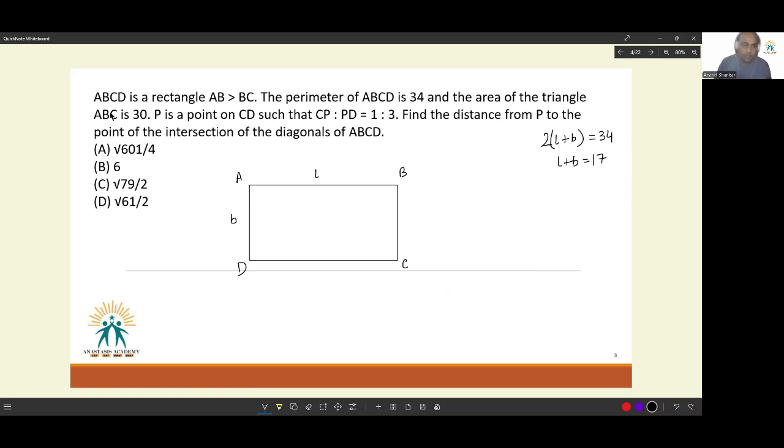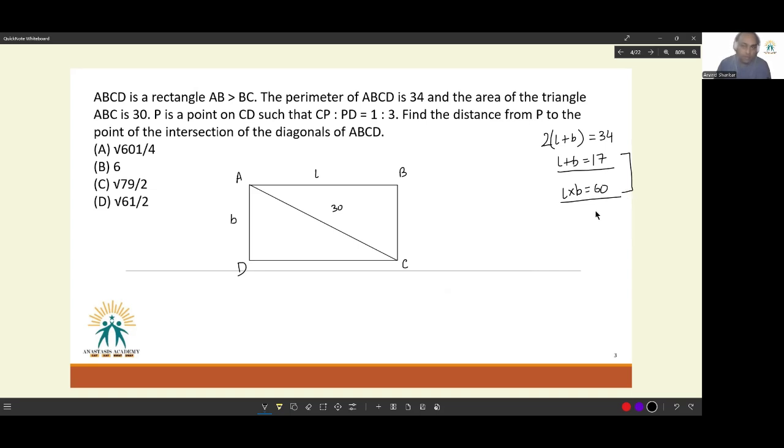Additionally, area of the triangle ABC is 30. Area of triangle ABC is half the area of the rectangle. So if this area is 30, area of the full rectangle is 60, which means L into B is 60. So now, utilizing these 2 points of information, L plus B is 17 and L into B is 60.